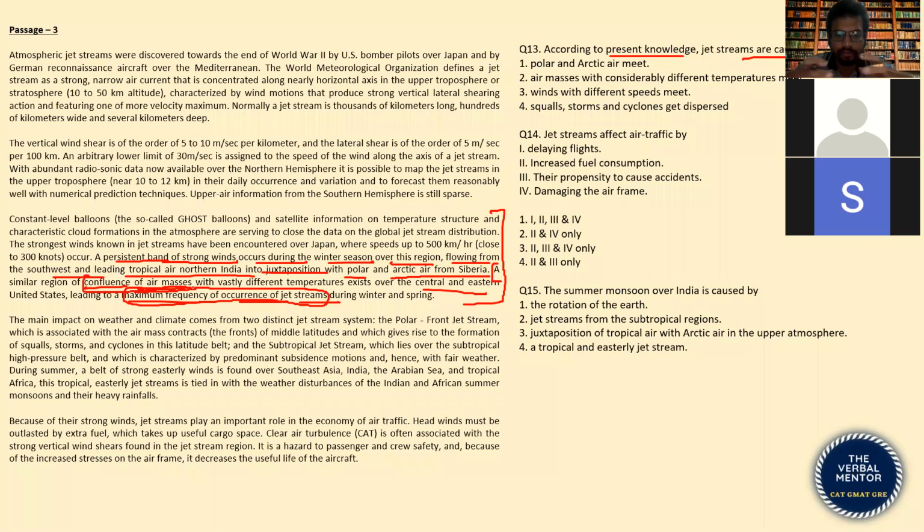Confluence is convergence of air masses coming together, okay, with vastly different temperatures. Okay, so two air masses from two different geographies, regions, converge, they come together, they have vast temperature differences, and that becomes a region of a jet stream. I understand the idea. This much I can understand. I'm not that illiterate in understanding geology. Okay.